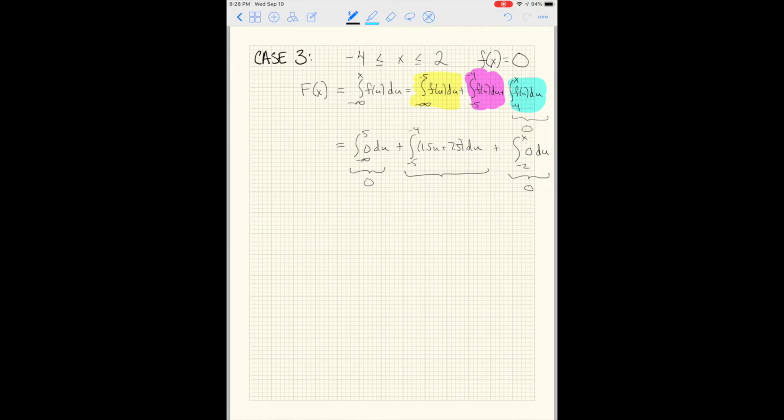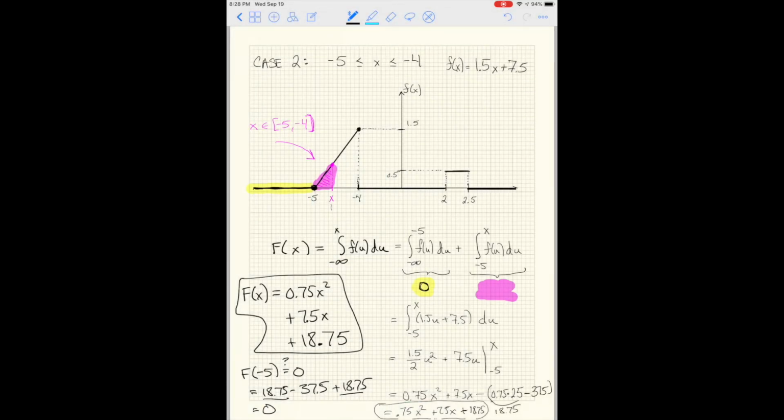So we've actually done this antiderivative already. It was back on that previous page. So if I go back to that previous page and copy out that antiderivative that we did, which was this portion here.